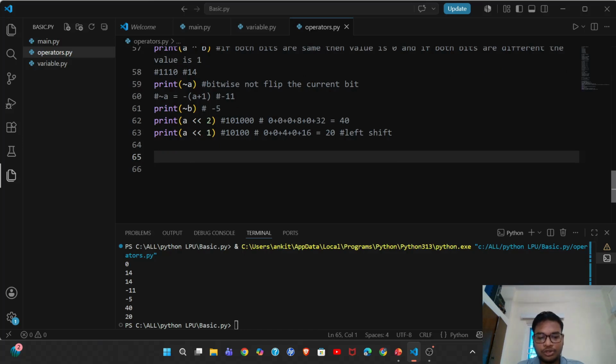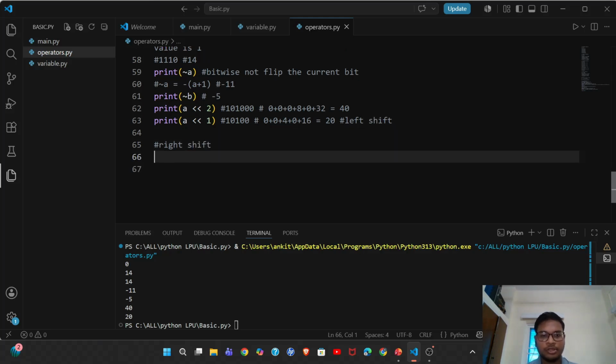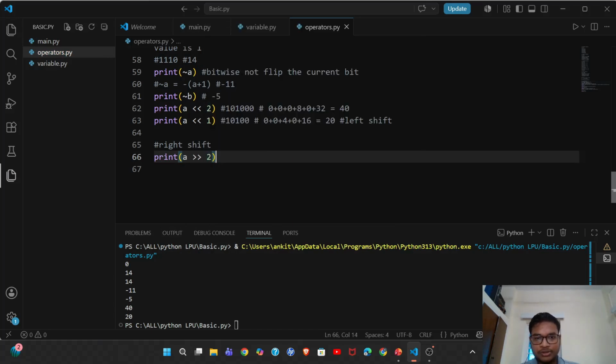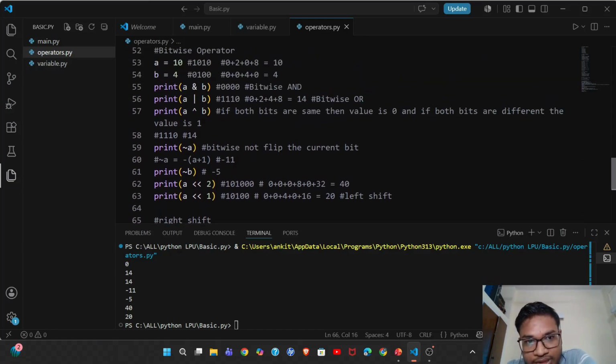So let's move forward to right shift. So what do we mean by right shift? Let's do it practically. Print A right shift 2. It means the binary value is shifted to the right side, and the blank value is filled with 0.